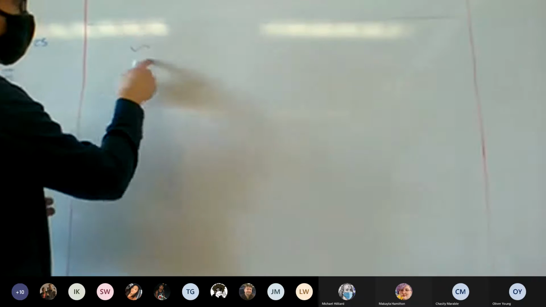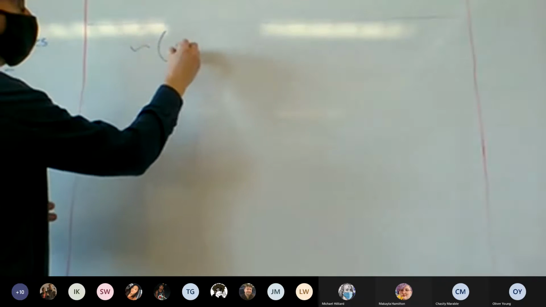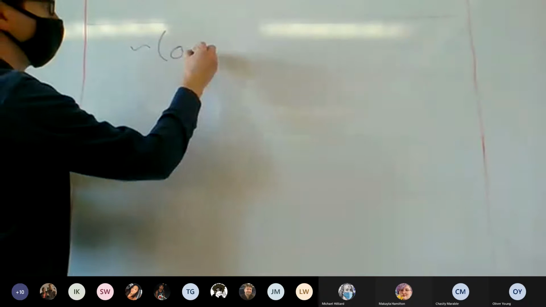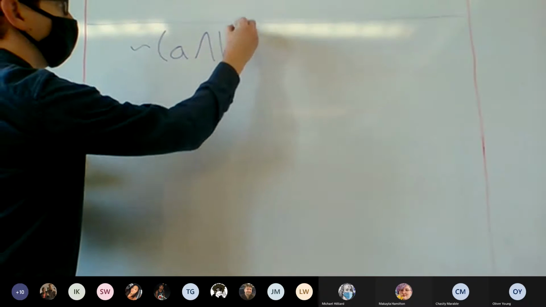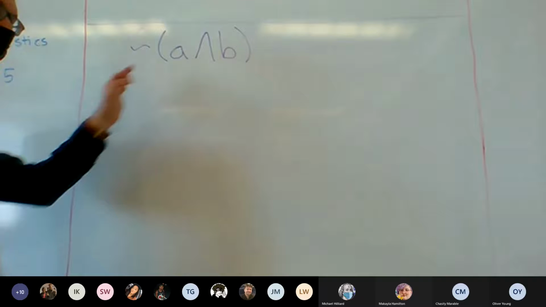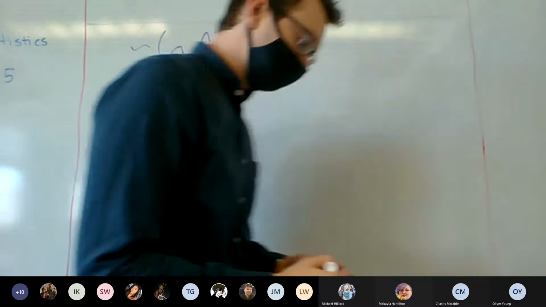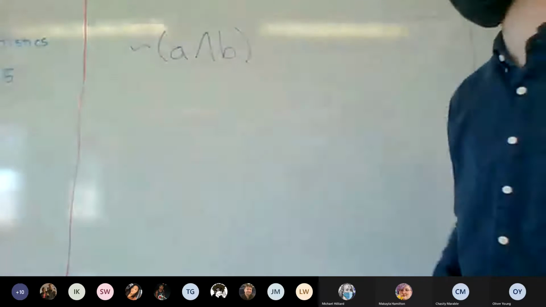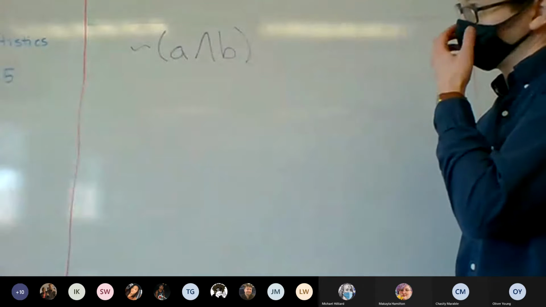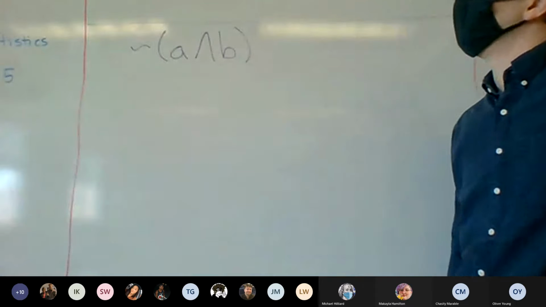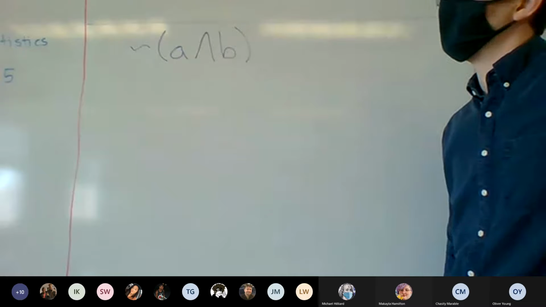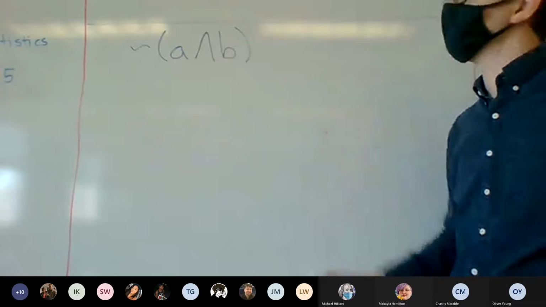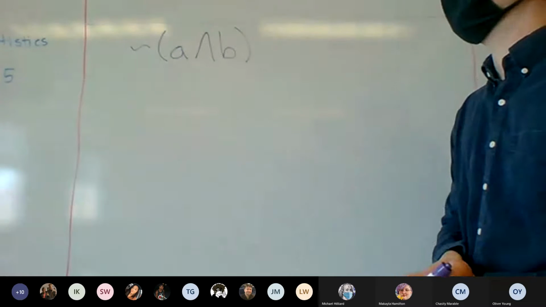How about negation of A and B? We went kind of hard with the first example. Let's look at maybe a less intense one so you can let some of the ideas about building the truth table settle in.